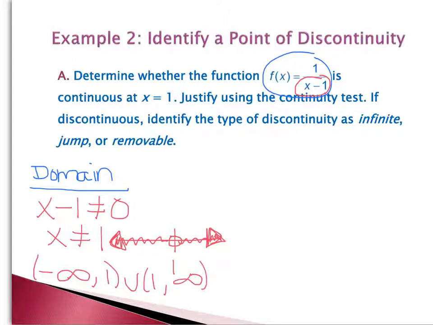So we are excluding 1 in our domain, and the function is going to have either an infinite, jump, or removable discontinuity at 1 because 1 is not included in our domain. So I know the function's discontinuous at x equals 1 because 1 is not included in the domain of the function.